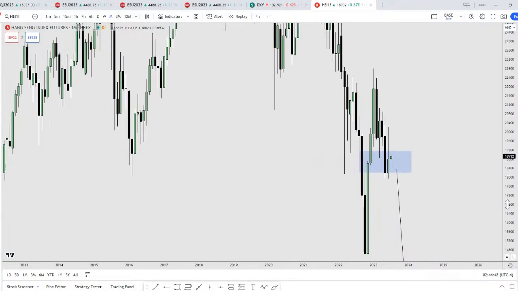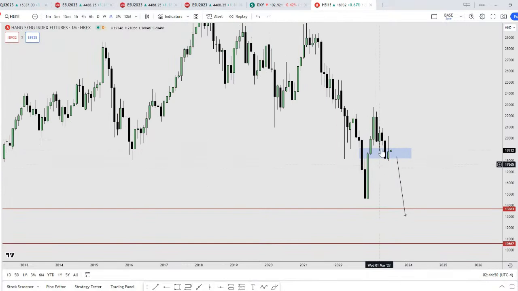I was thinking that maybe it might want to run up one more time, but seems like a no. Okay. So I think next month I want to see price close below this fair value gap to indicate that it really wants to go lower.